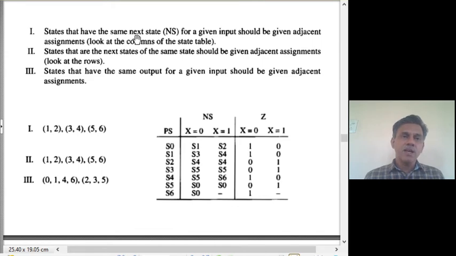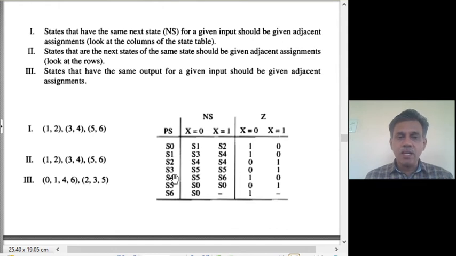So, what the first guideline says is, states that have the same next state for a given input should have adjacent assignment. That is, if you have two states for which the next state is the same for a given input, they should be adjacent. For that you have to look into the column. If you look at the column and look for the same state occurring more than once, here S5 appears twice.